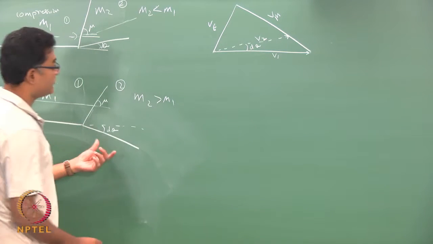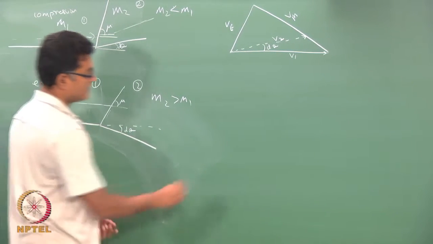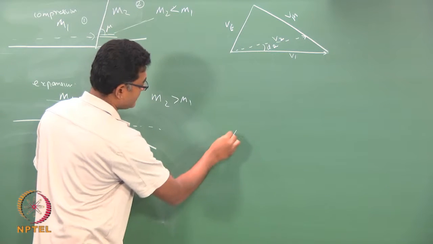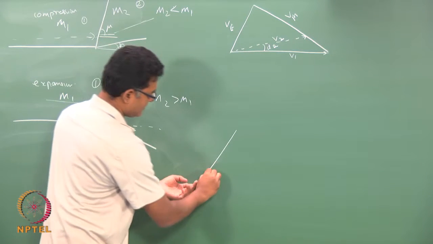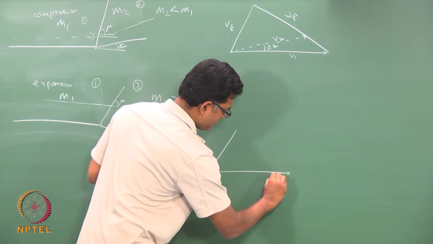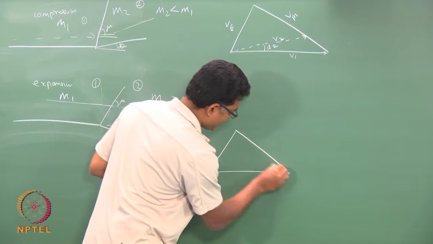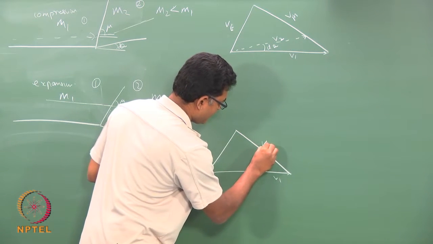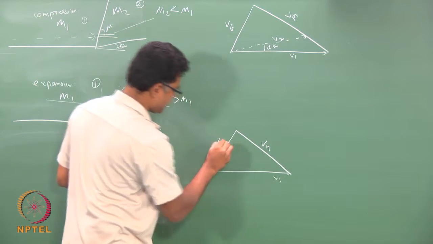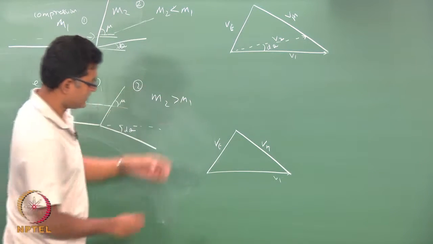Okay. Whereas when you come to this kind of turn, I have a V tangential, V1, 90 degrees from here is my Vn, this is my V tangential, and the turn is the other way around.